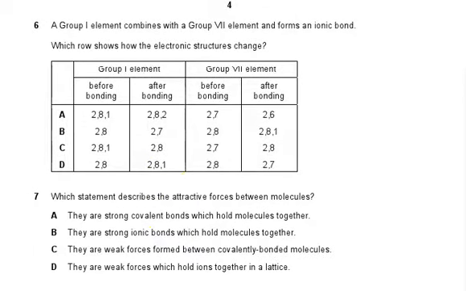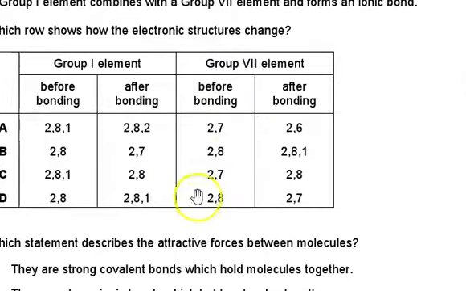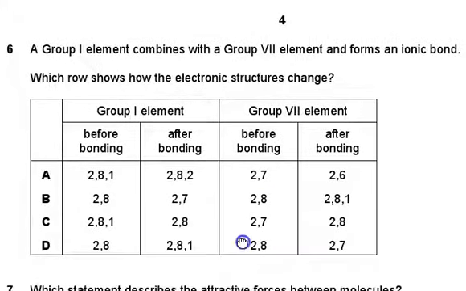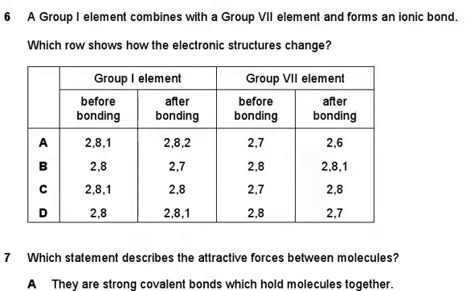Okay, now here let me try to make it bigger. Yeah, okay. So now group 1 element combines with the group 17, okay, this is group 17, and forms an ionic bond. Which row shows how the electron structure changes? So group 1, they'll form a metal.